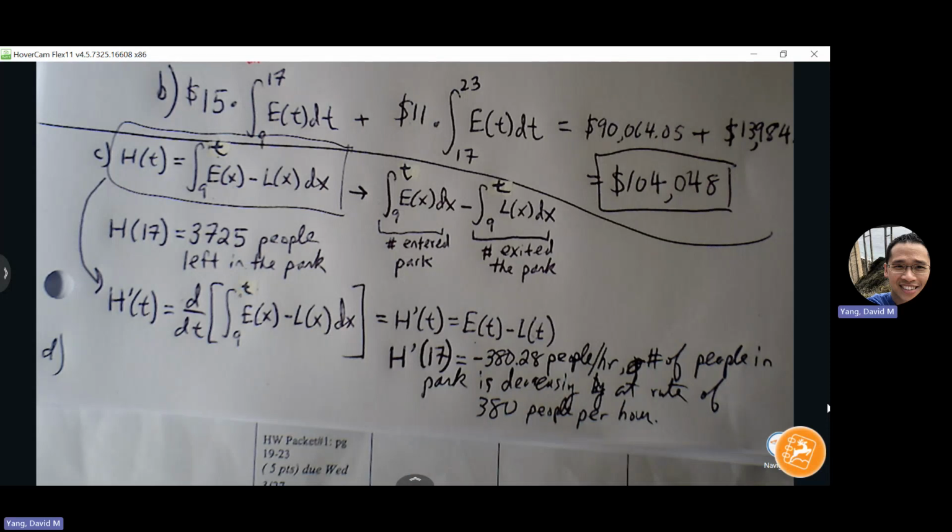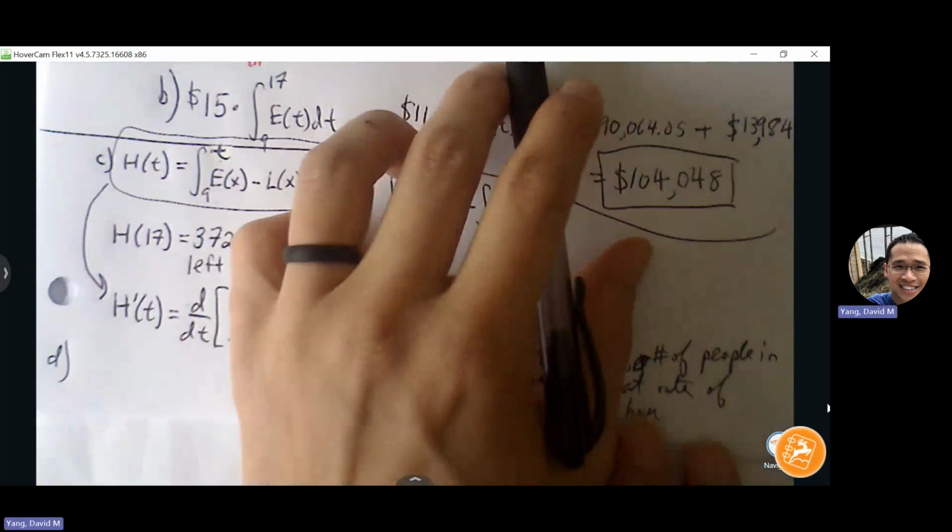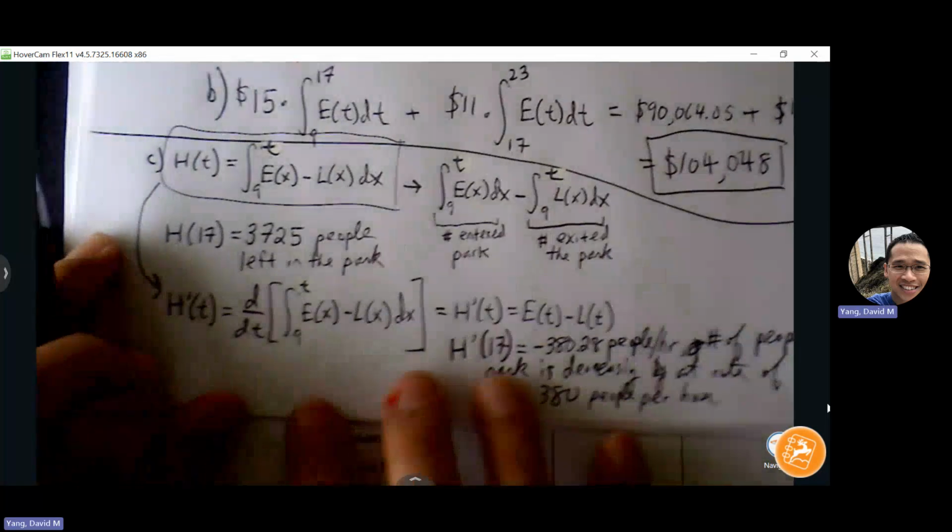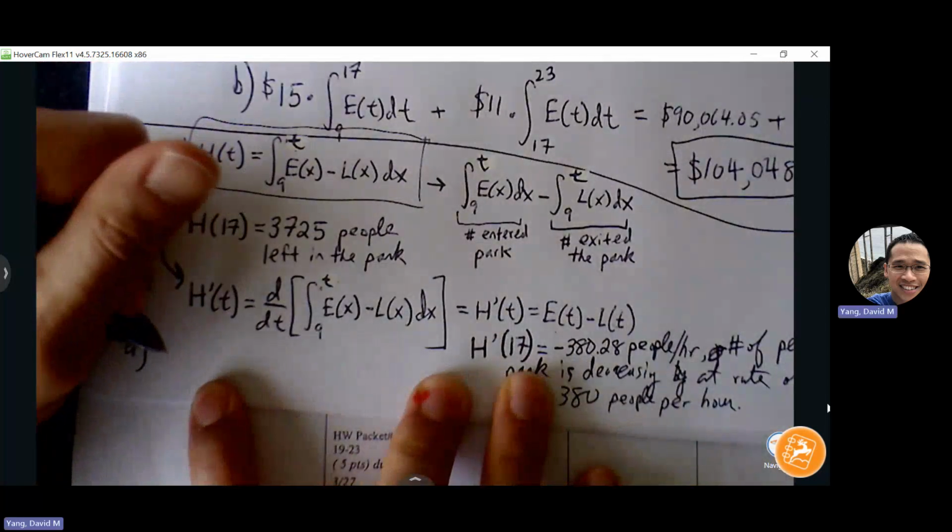Yeah, it's when they are at the same level, right? When they meet, because after L of t is higher, more people are going to start leaving and the park is going to start decreasing after that, right? So the park's going to increase up until this point, and then once L of t overtakes E of t, the park is going to start shrinking.